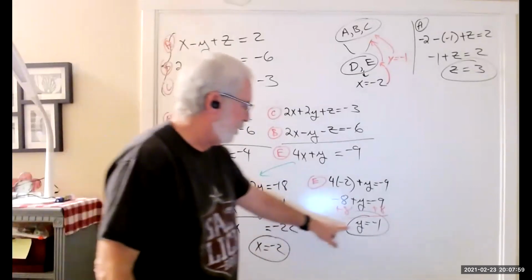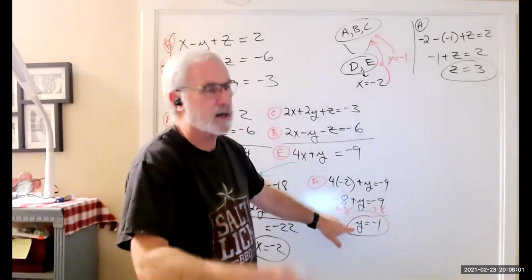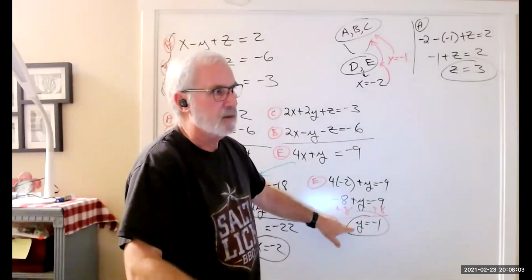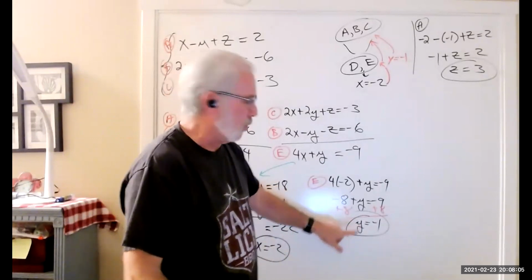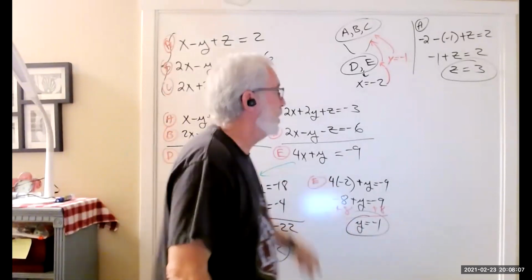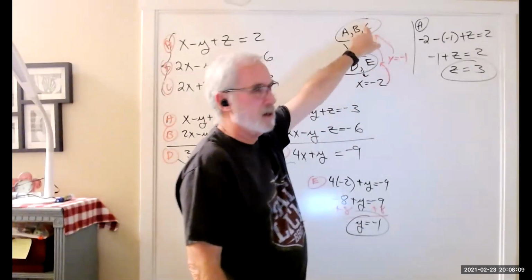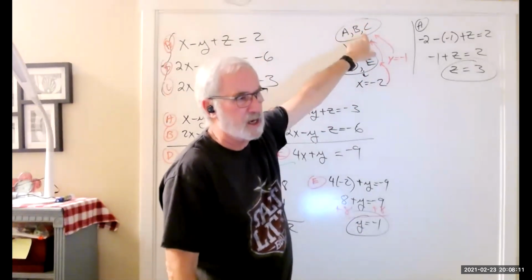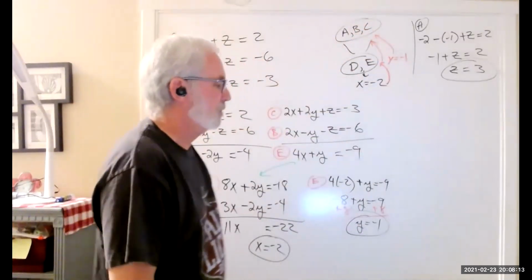Once you get -1 for Y, I guess you're right. I see what you're saying. It's a check, but you don't actually need to do that. Once you get Y is -1, then you pop everybody back into A or B or C, and that'll get you your Z answer.